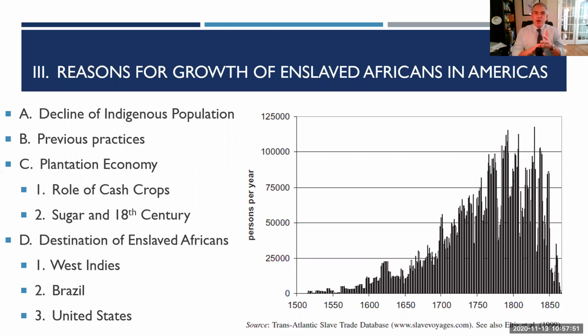They are working in the mines. They do work on plantations. But as you may recall, one of the consequences of the Columbian Exchange is the spread of disease, and the disease decimates the population. So as the disease decimates the population, the Native Americans are becoming less of a reliable source of enslaved labor.